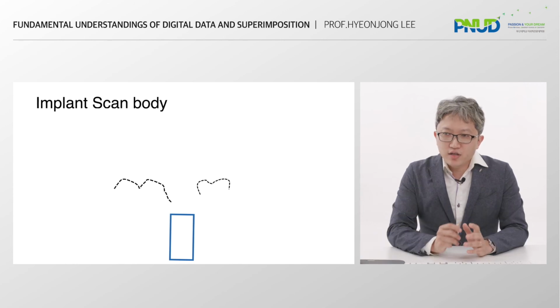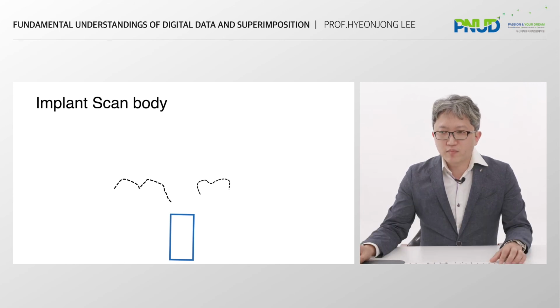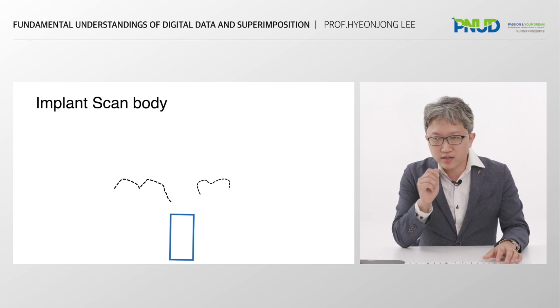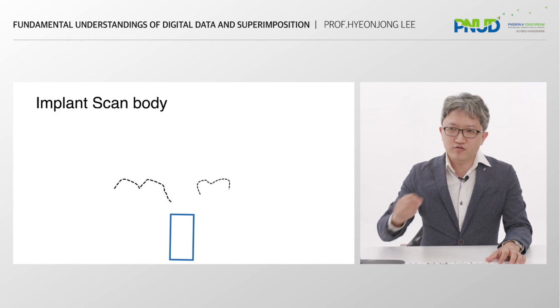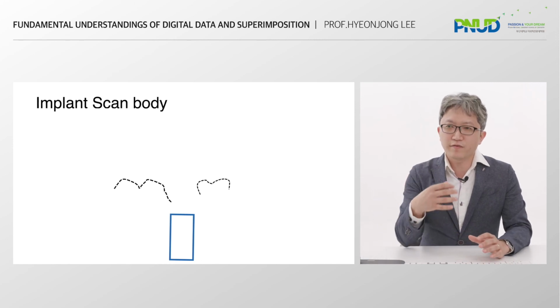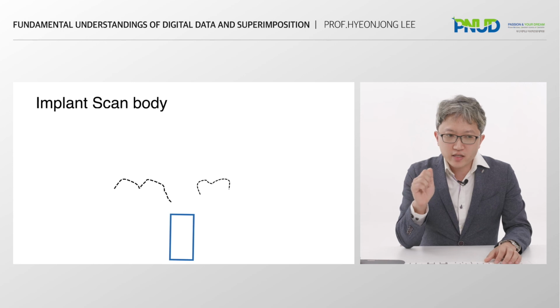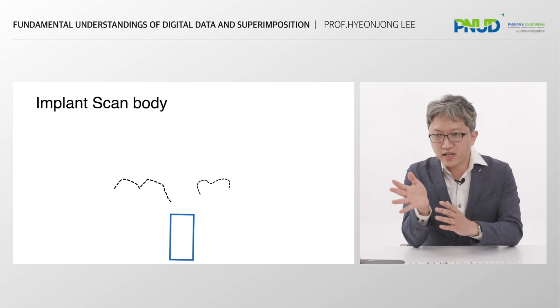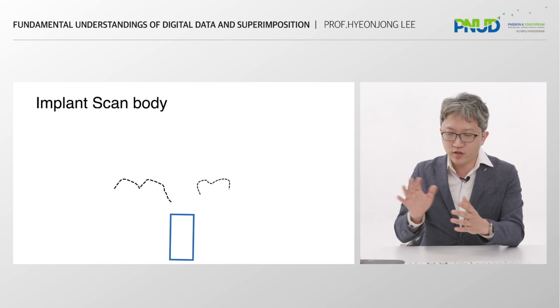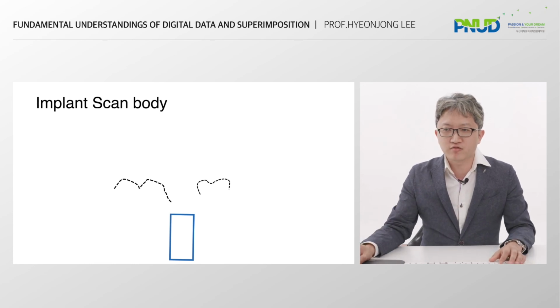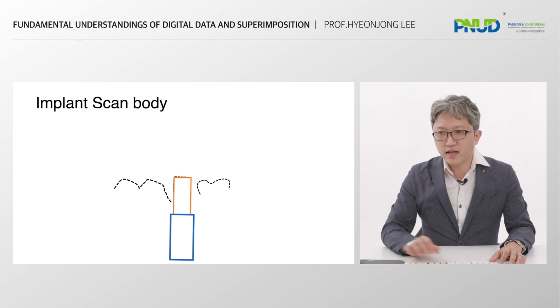There are some clinical points when we scan the scan body intraorally. Mostly, it's not easy to scan all of the surface of the scan body. It's easy to scan the buccal side, occlusal side and lingual side because there is no interference.